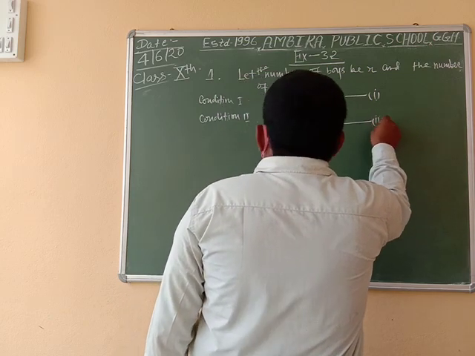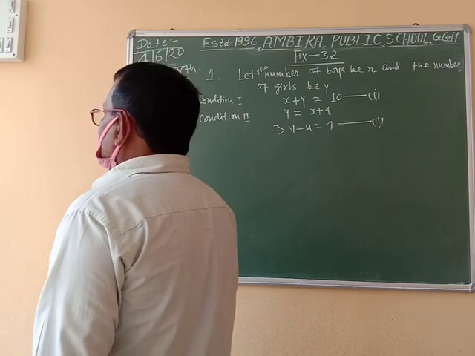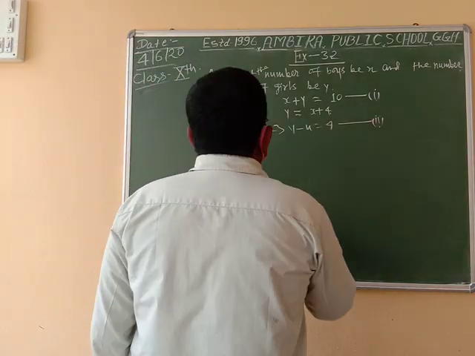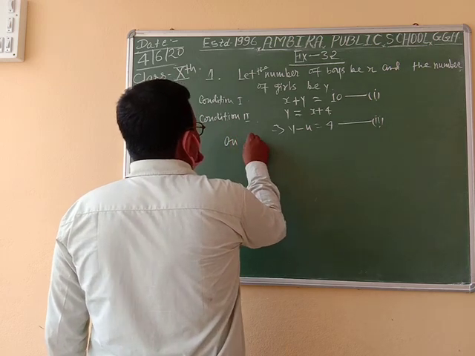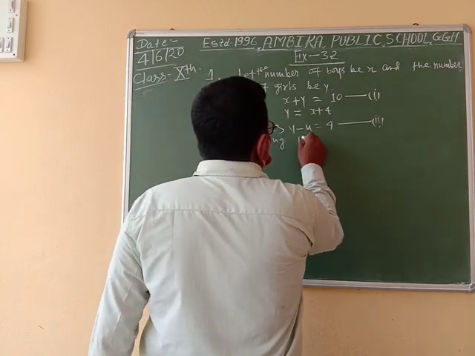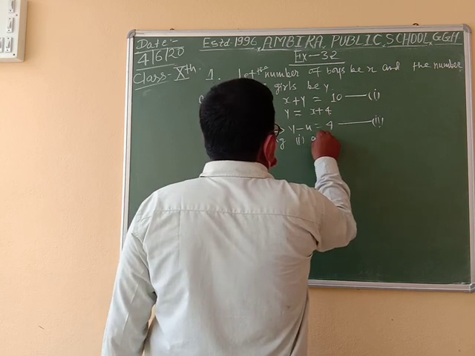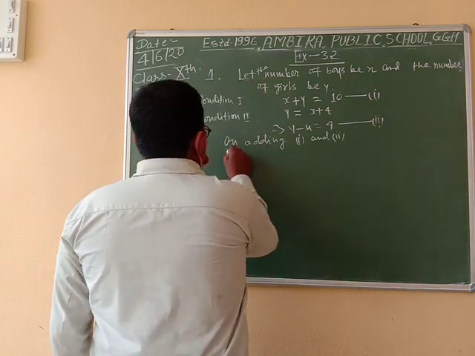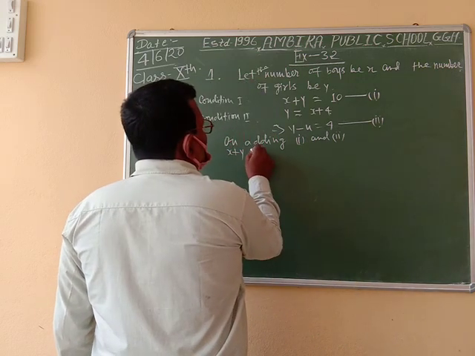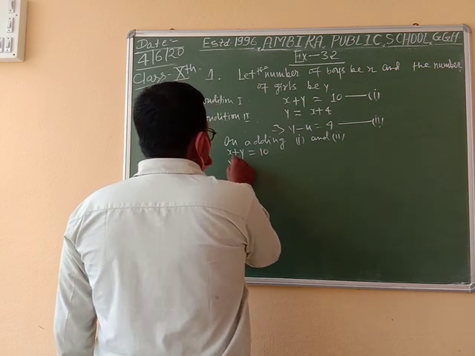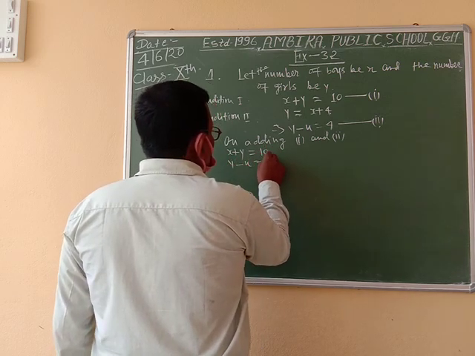Equation number 2. Solving 1 and 2, adding 1 and 2: x plus y is equal to 10 and y minus x is equal to 4.